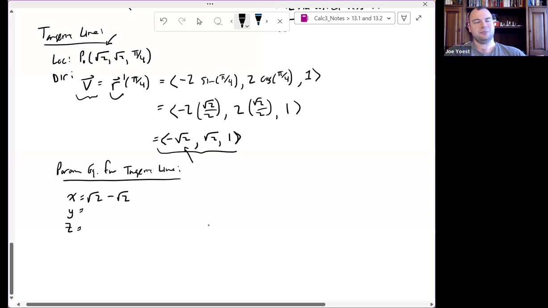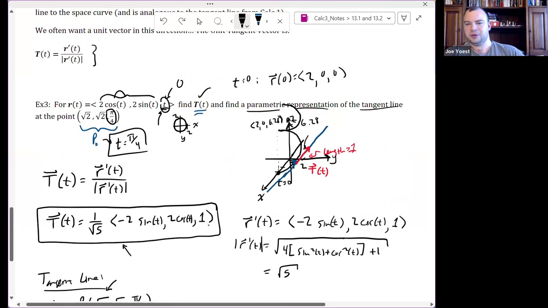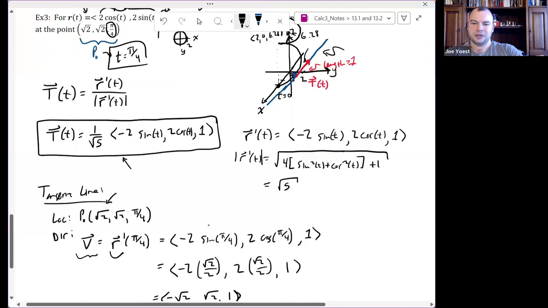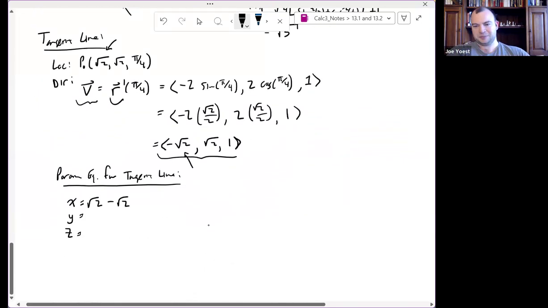And again, previously I would have said maybe t here, but t is already kind of taken up in parameterizing the space curve. I need a different parameter to parameterize my line. And so I'll just use s. I use the parameter s, a real number.